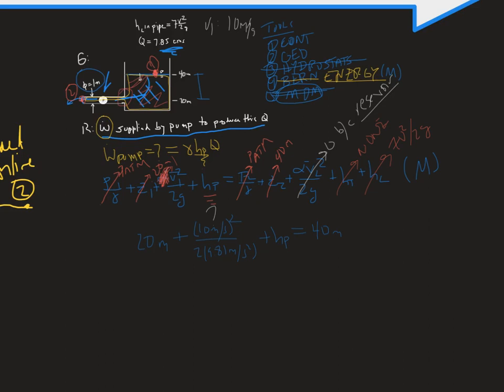And then let's see, alpha, this is gone. So this term is gone, this term is gone, and then the head loss, which is going to be 7. Now this V right here is the head loss in the pipe, so it's the velocity in the pipe, which we solved for, which was 10 meters per second squared on 2g.